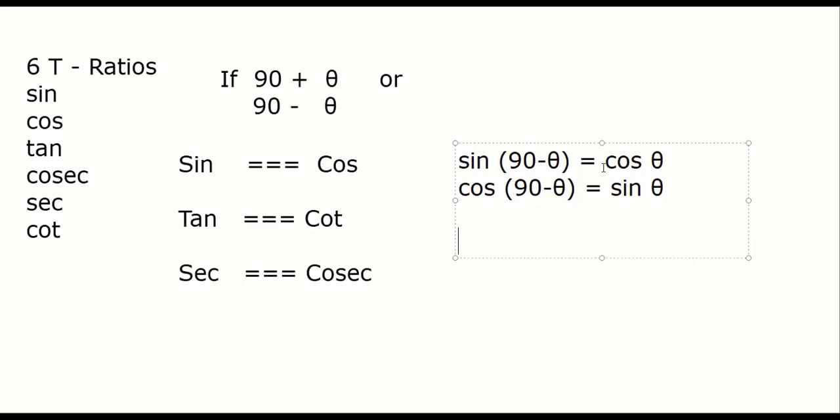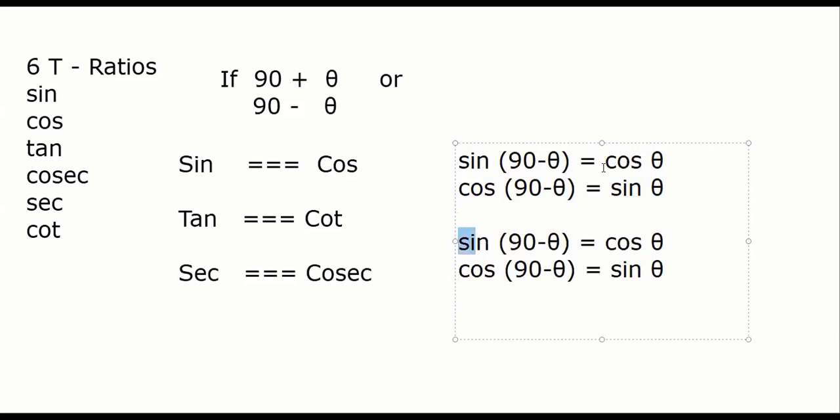Similarly, tan becomes cot. If it is tan, it becomes cot. And if it is cot, there is a very nice way of understanding, nothing to mug up. It's all patterns. Tan becomes cot, cot becomes tan.